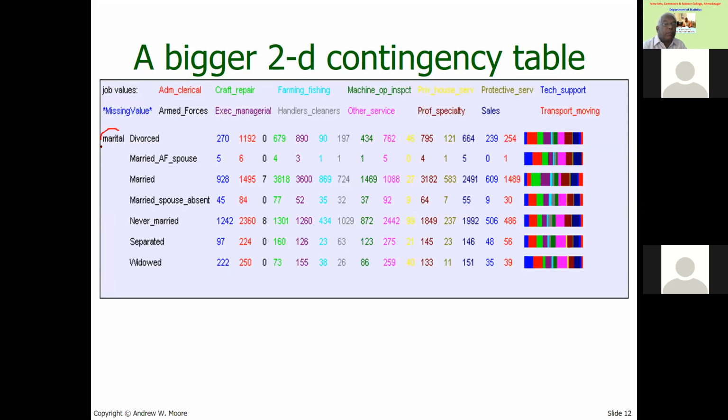You can see this marital status. You can see here job values.